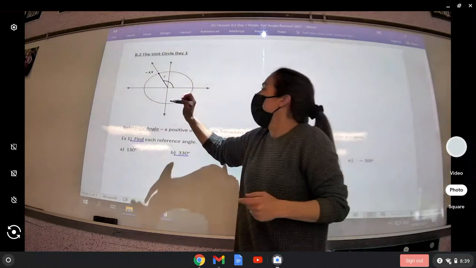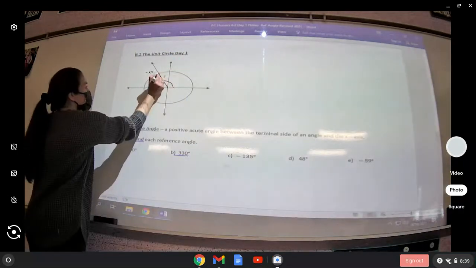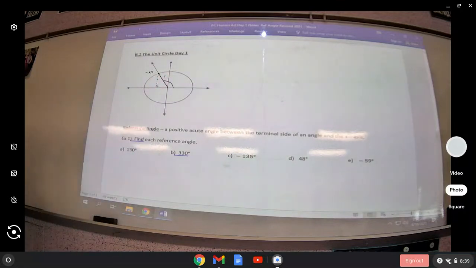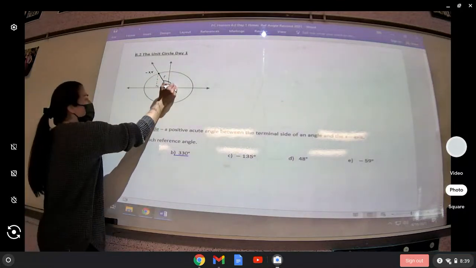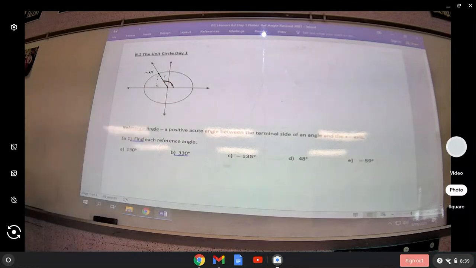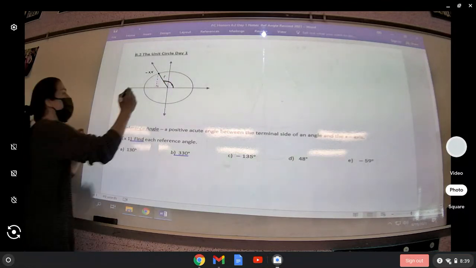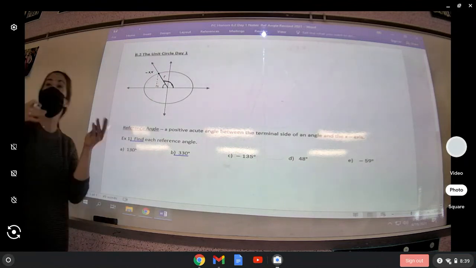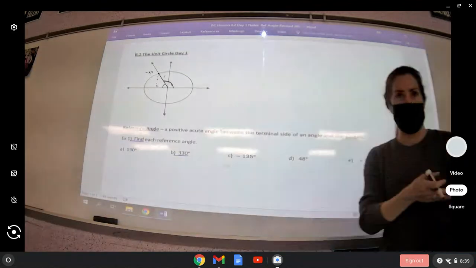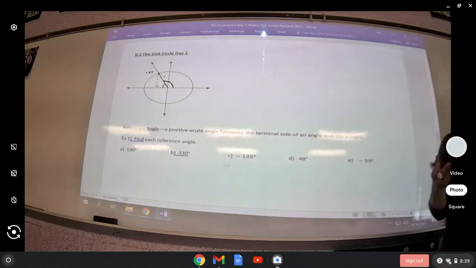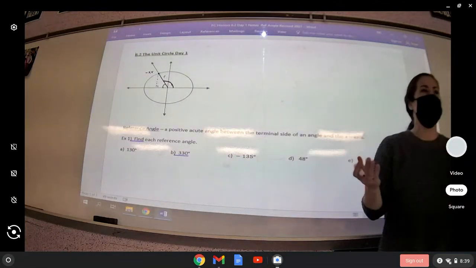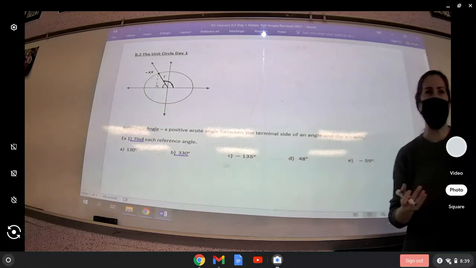What happens is if you construct a right triangle, it's not your angle that actually fits inside of the right triangle. It's what we call the reference angle, the leftover in between your angle and the x-axis, okay? So we have to be able to look and see, well, I'm taking the sine of 130 degrees, but really, what's the reference angle?